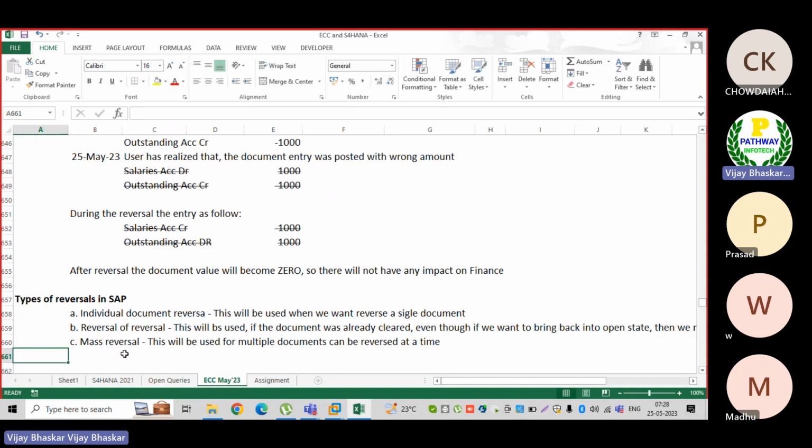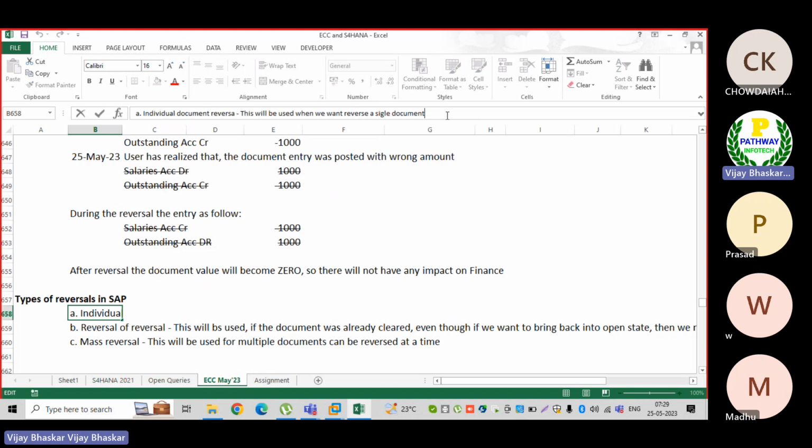Let's see how I can reverse a document individually. What is the transaction code to reverse an individual document? For individual document reversal, the transaction code is FB08.